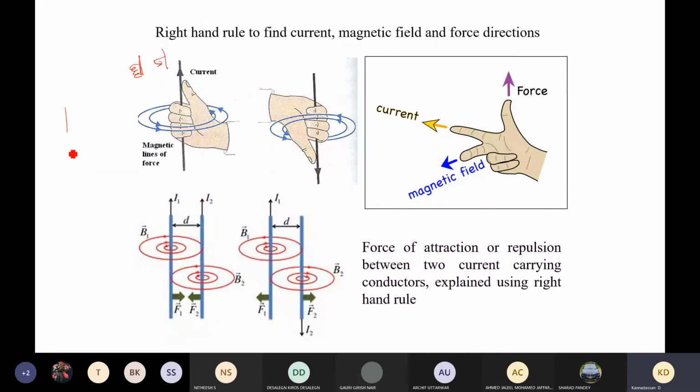So assume that the line vector is lying on the x-axis. You can easily understand that the field is going to be like that. And if the current is flowing in the minus x direction, then the field will be in the opposite direction. So you can easily get the understanding at the particular point where you want.